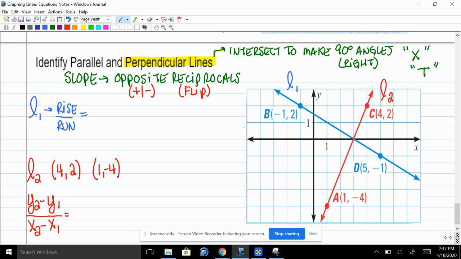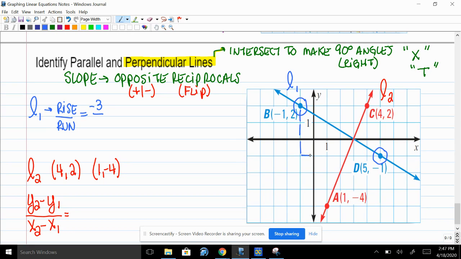So if you see off to the left here, I have a little prep work done just to save a little bit of time. The blue line I called L1. I'm going to find that slope using the graph. Okay, so if I was to go from this point to this point on line number one, L1, that would be down 1, 2, 3. So I'm going down 3. So your rise is actually going to be -3.